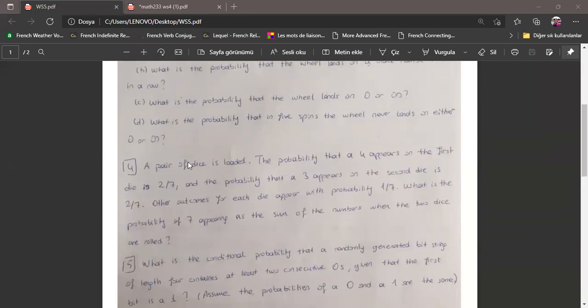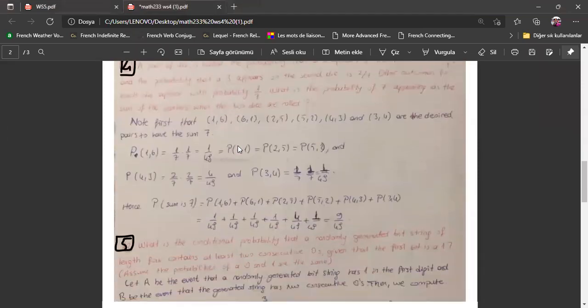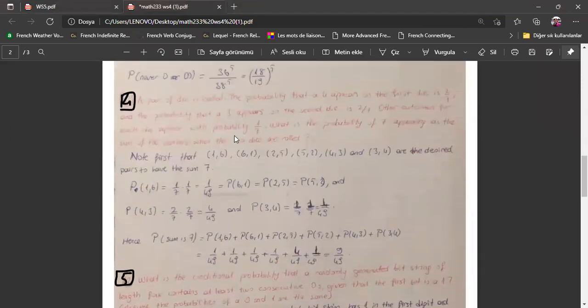Now we have a pair of dice. We assume that the probability that a 4 appears on the first die is 2/7. So in the first die, let's write it here. So we have a pair of dice. So we will have these pairs, right? When we roll that die, you will have such outcomes.